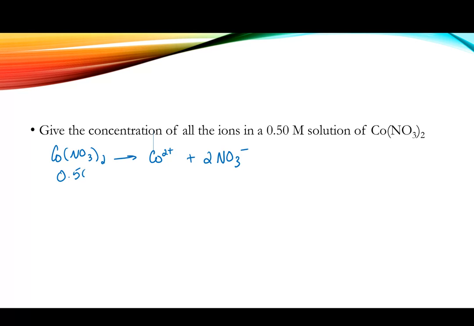If this is 0.5 moles, for every cobalt(II) nitrate I get 1 cobalt, so it's a 1-to-1 ratio. So the cobalt is 0.5 molar. And then for every 1 cobalt(II) nitrate, I get 2 nitrate ions, so I get twice as much, and so you multiply the concentration by 2. It's the same as if we had actually done the stoichiometry.